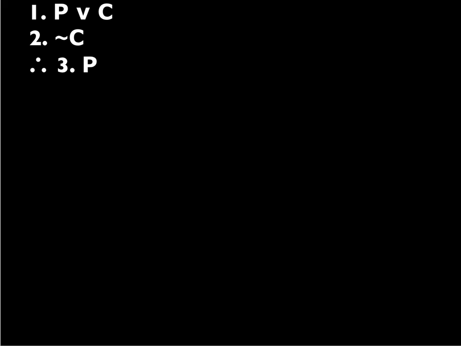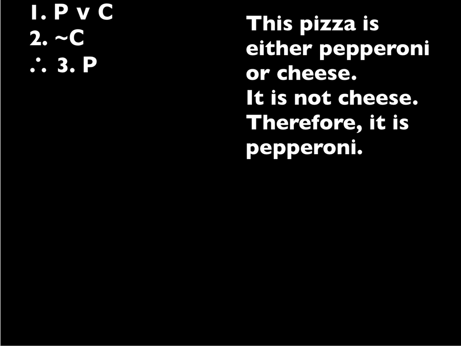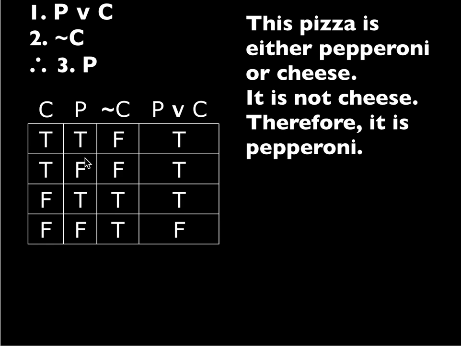So this is the pizza argument. This pizza is either pepperoni or cheese. It's not cheese, therefore it's pepperoni. This is a formalization of it. I should have a little line here, so 1 point off for me. If we do a joint truth table for the argument, the premises and the conclusion, all on one truth table, we ask, do the premises jointly imply the conclusion?